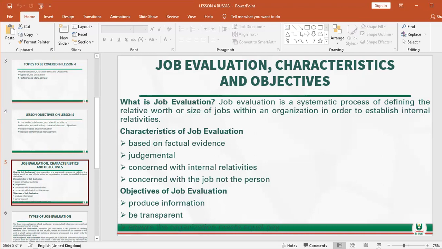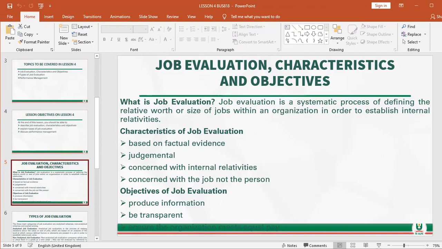So normally, when you are evaluating your job, it's usually concerned with the internal evaluation, the internal resources of what the organization has to offer, not external.